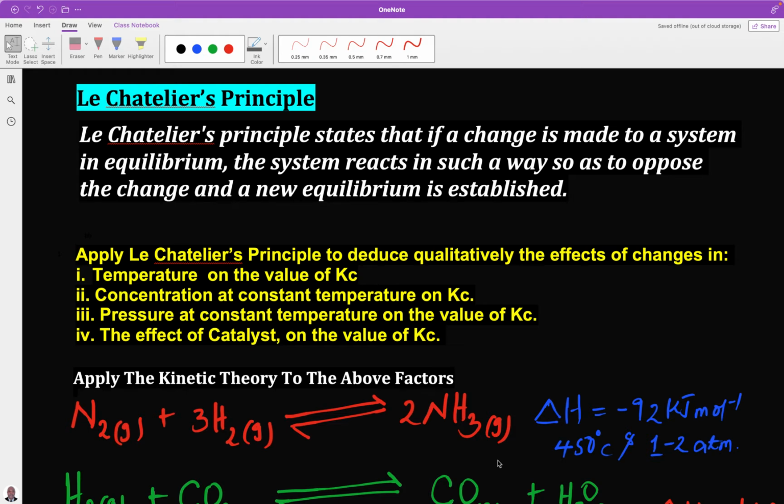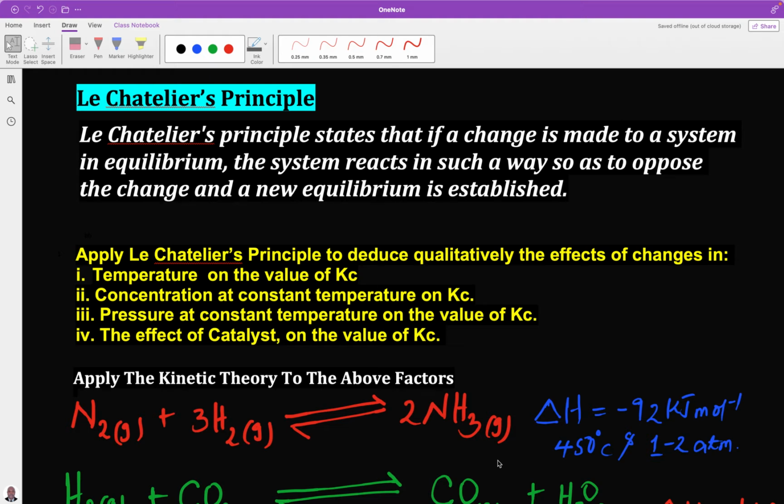If a system is in equilibrium, according to Le Chatelier, any change imposed on a system in equilibrium must be opposed. For instance, if there's an increase in a particular condition of a system in equilibrium, the system must react to do what?